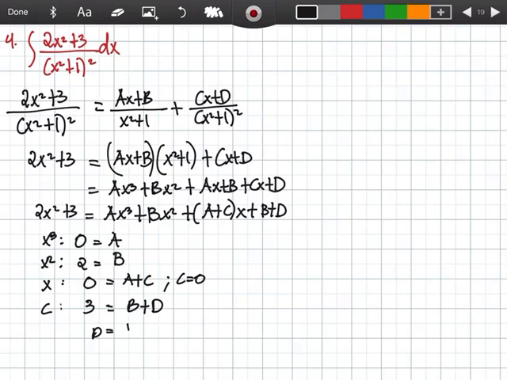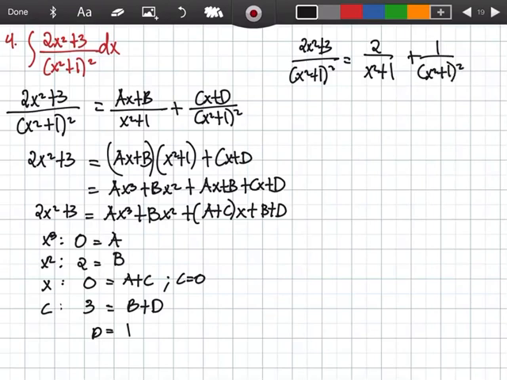Okay, so we can write 2x squared plus 3 over x squared plus 1 squared as: a is 0 but b is 2, so 2 over x squared plus 1; c is 0 but d is 1, so 1 over x squared plus 1 squared.